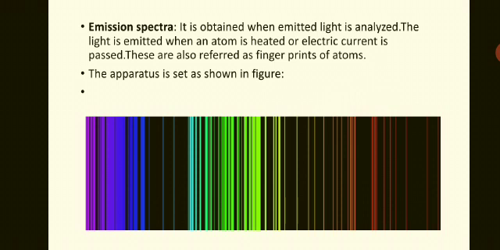These are referred to as fingerprints of an atom. These are characteristic for any atom, meaning they are unique for any given atom. We have a database of emission spectra, and researchers continuously study emission spectra.